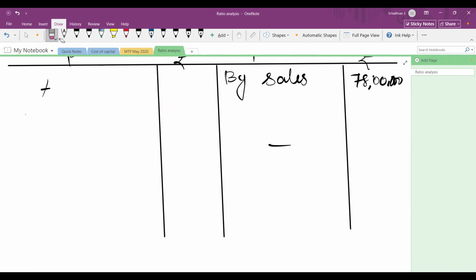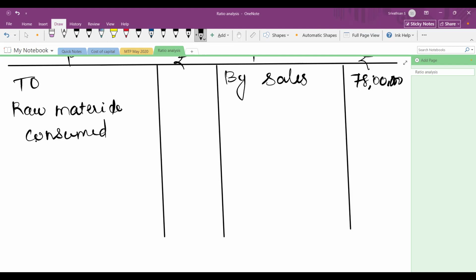So just write to raw material consumed. COGS, what you are writing, that is works cost itself. 66 lakh 30,000. Let's present it properly. Raw material consumed 13 lakh 26,000.